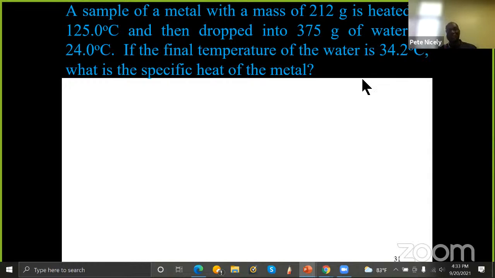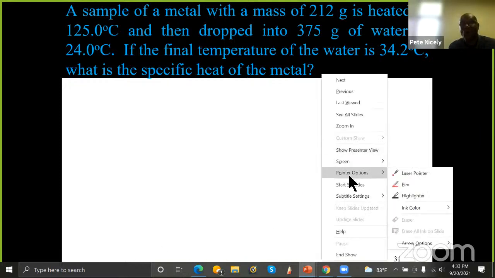I'm just giving you a brief overview of what is happening here. Based on that information, the question is asking you to calculate the specific heat of the metal. So the first thing I would do is write down a relationship between the amount of heat lost by the metal and the amount of heat gained by the water.